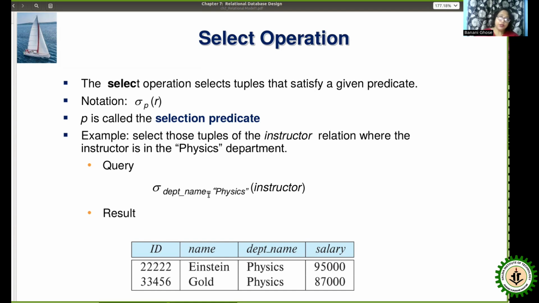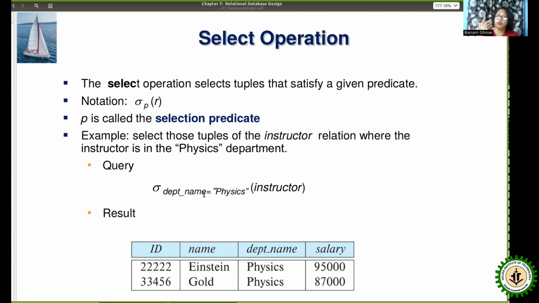So now coming to the first example. If we are interested in fetching all the instructors' details who are working in the department named physics, what will we write? So our objective is to retrieve the entire data about the instructors. So the instructor table is important.